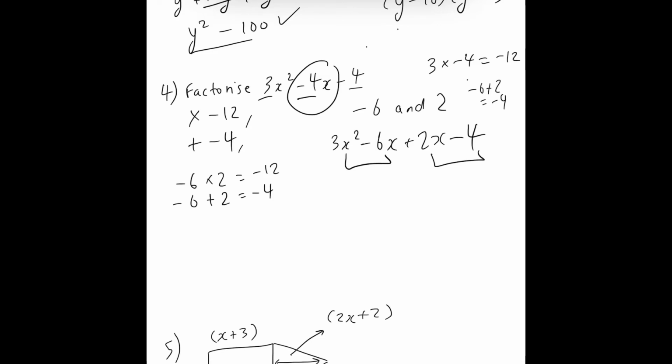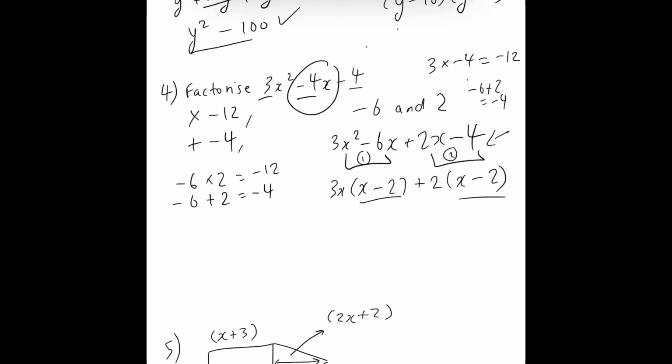In the first half, the common factor between both terms is 3x, so you have 3x brackets x minus 2. What's in common in the second half? You have 2 that is in common with both of them, so that's going to be a positive 2 brackets x minus 2.